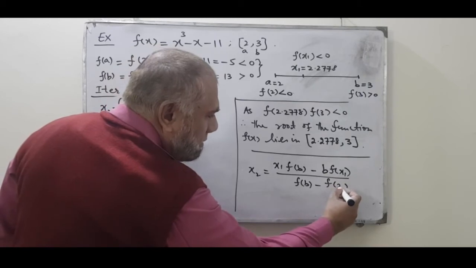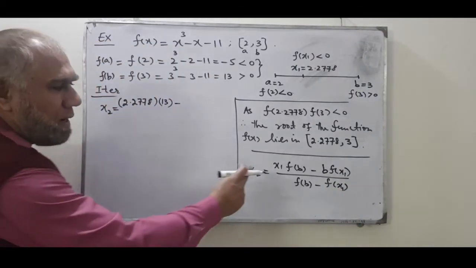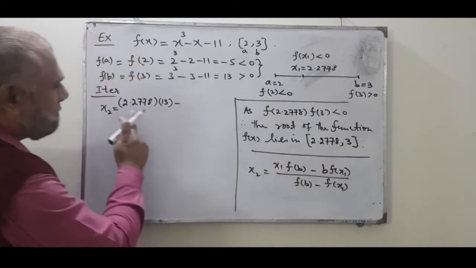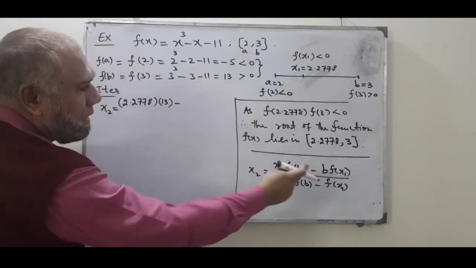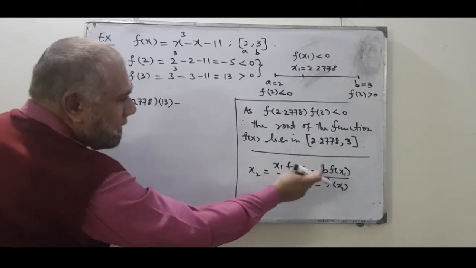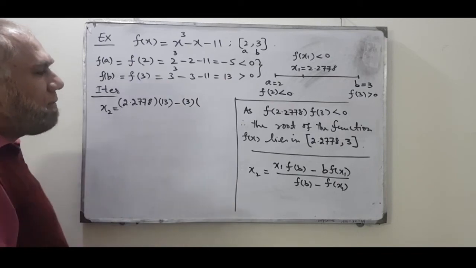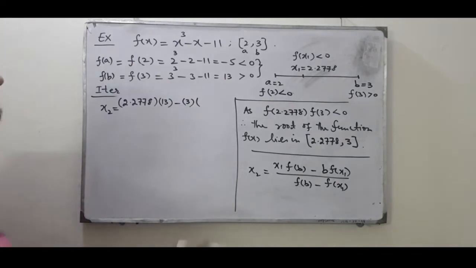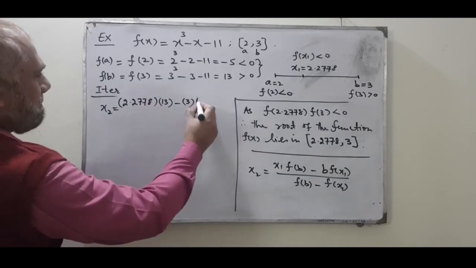And b is the same. Now we are substituting the values. x1 is this quantity 2.2778 and f(b) is 13. Then there is a minus sign. Now we take b is 3, and f of x1, which we have calculated, was equal to minus 1.46.